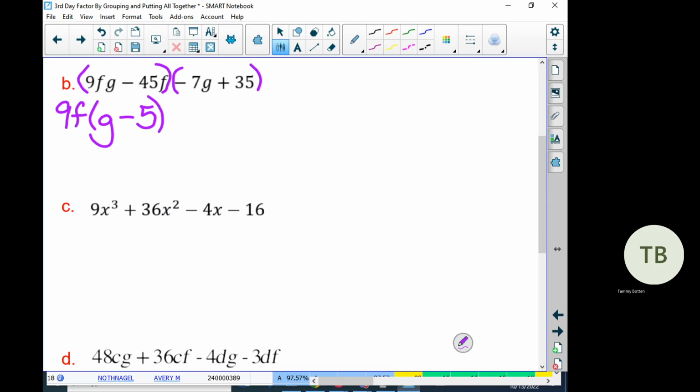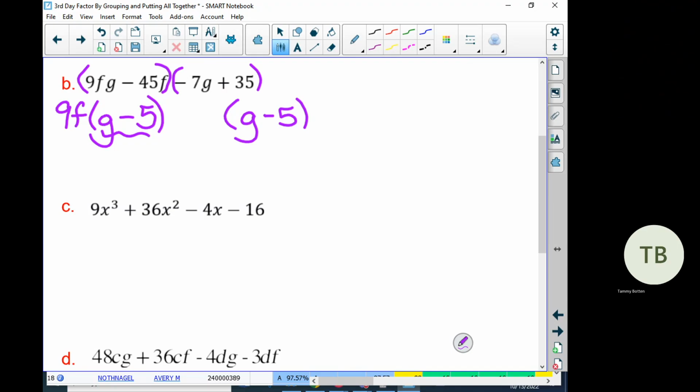Okay. Now, when you have the negative on your third term, you don't know if you should take out a negative 7 or a positive 7. So what I do is I kind of cheat and I say, I know this has to be G minus 5. If this is G minus 5, this automatically has to be G minus 5.